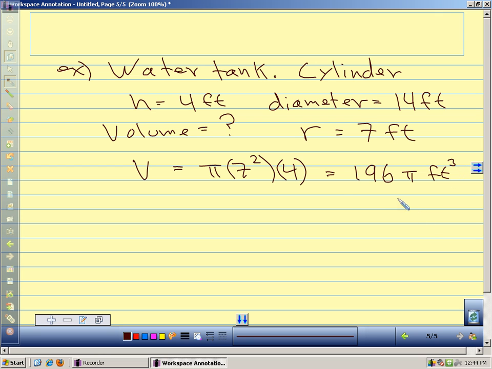And if we want an approximate answer, we'd multiply that out, 196 times pi, and we get about 615.44 cubic feet.